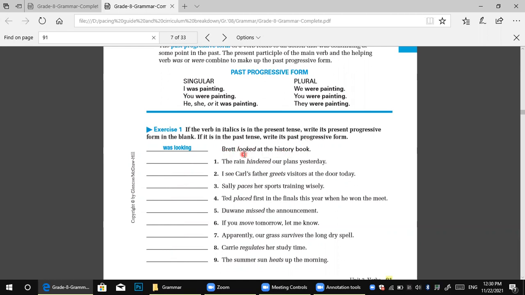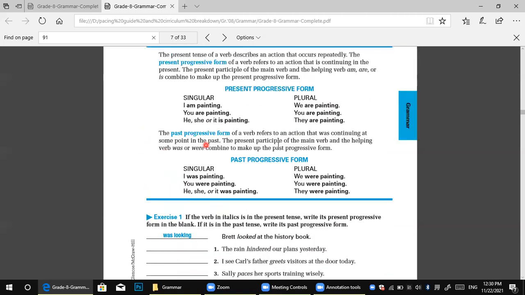Is looked present or past? Of course, past. So we'll try to use the past: was looking. If you remember, this is the past progressive.